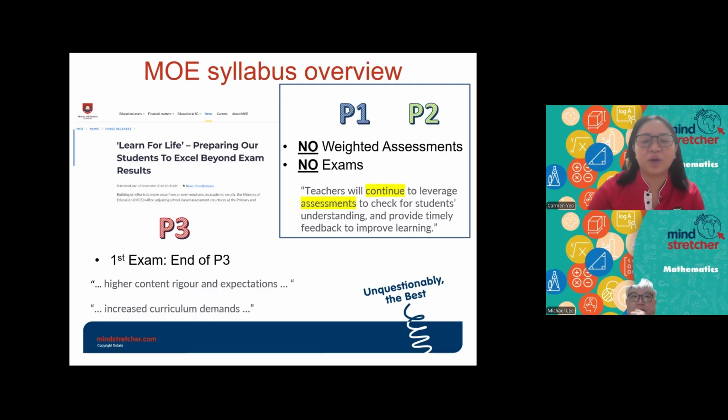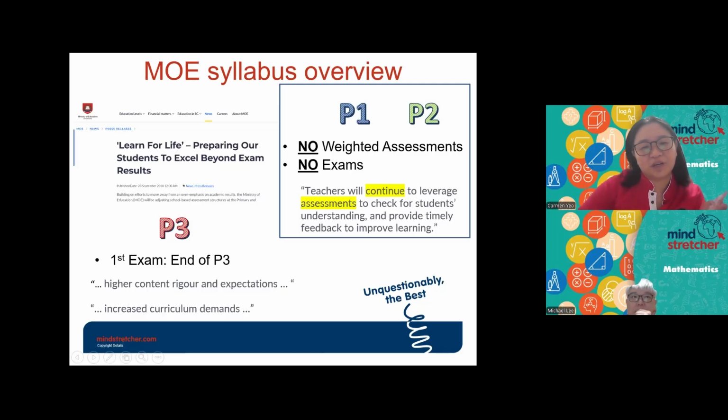So what we have in My Stretcher is our mid-year checkpoint and end-year checkpoint. So even in primary one and primary two, the students and the parents can have an overview of their learning. We will have a report where we will sift out their strengths and weaknesses. Later, I will share more about the progress report when I talk about the MS syllabus.